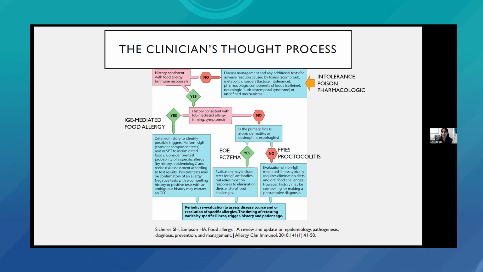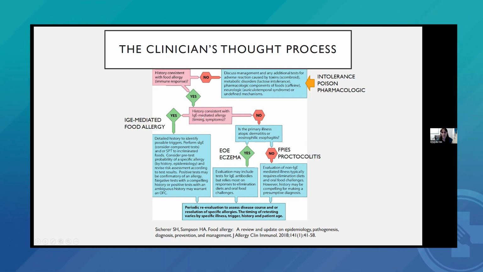And if I think no, then we discuss the scombroid, the lactose intolerance, the pharmacologic components of foods, and other types of things that could be going on that are more in the intolerance category, or could be related to toxic effect of food or the pharmacologic effect of some ingredients. If I think there seems to be an immune response, I'm thinking, okay, is this IgE mediated or not?